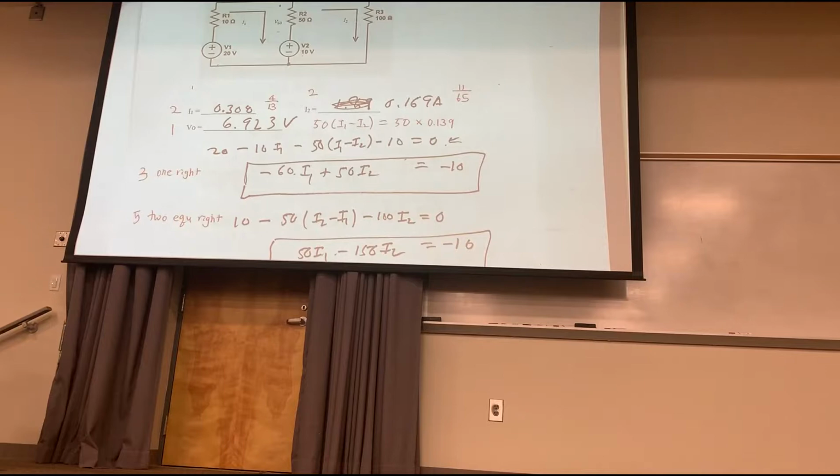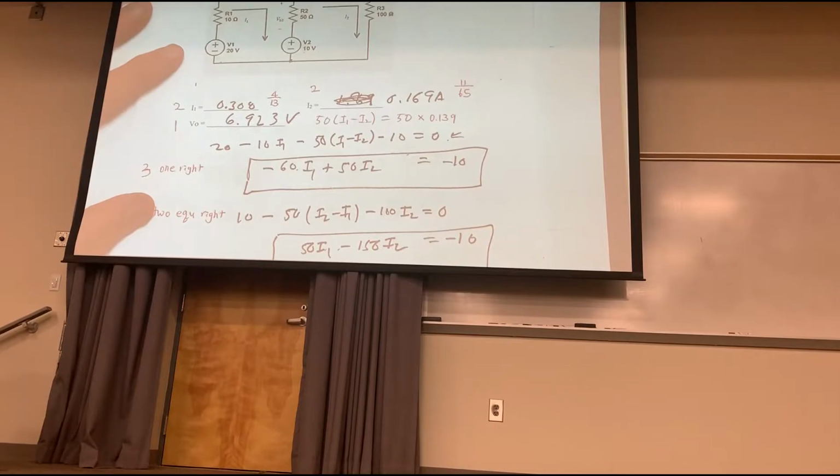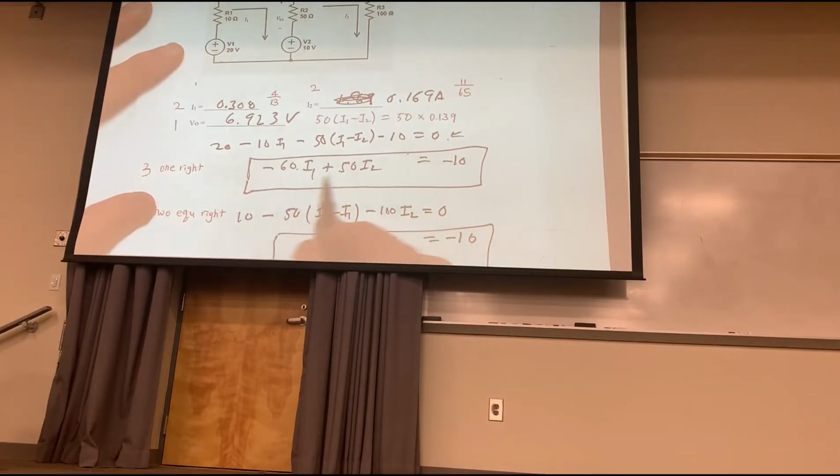You all see that? Those two equations, the matrix isn't here, but these two equations are what are solved. They're just the coefficients. In the first matrix, it will be minus 60, 50, and 50, minus 150. Then I1, I2 equals minus 10, minus 10. You all see that, class? There are two equations, two unknowns. You stick it in your calculator, turn the crank, and out come the values.